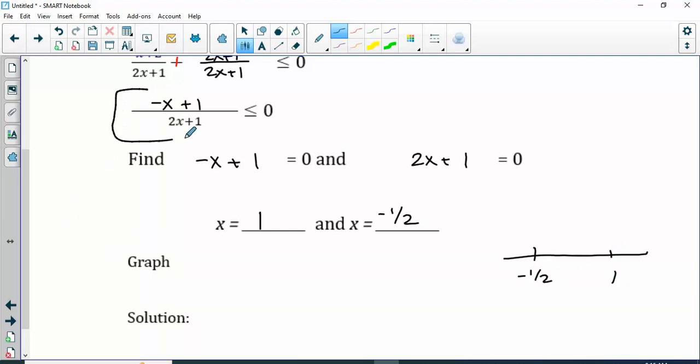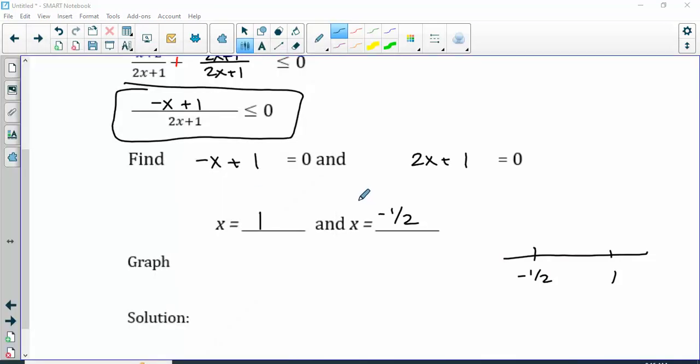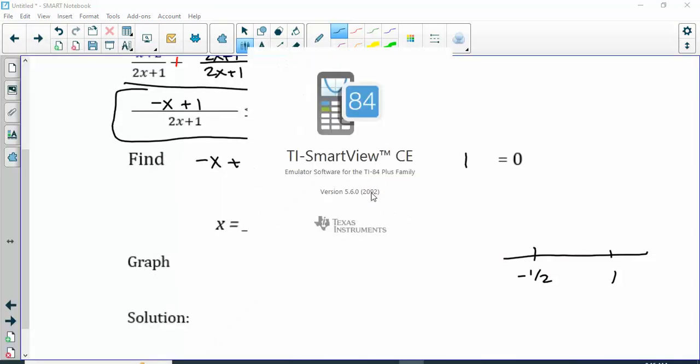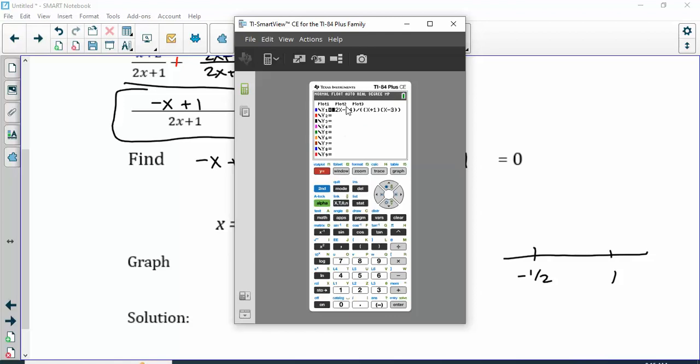We are graphing this piece when we had our correct setup. We have -x plus 1 over 2x plus 1. You need to know parentheses around both the top and the bottom.